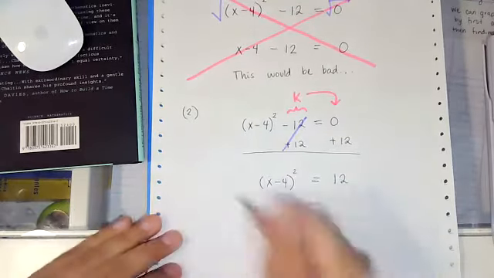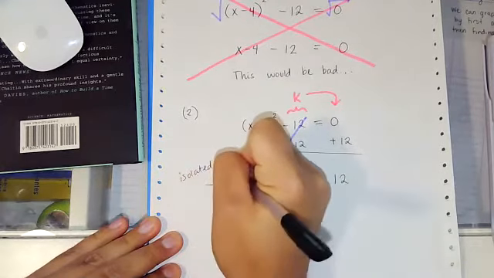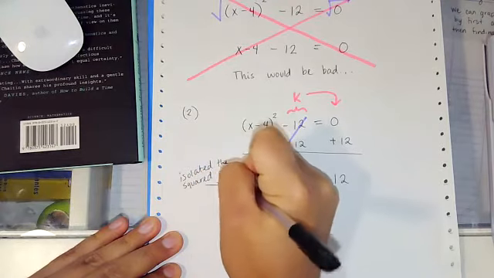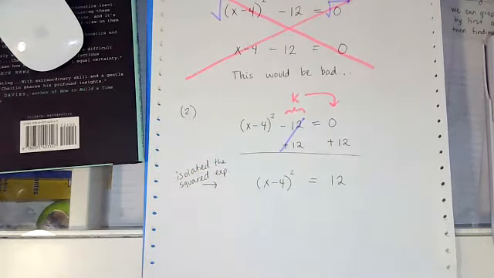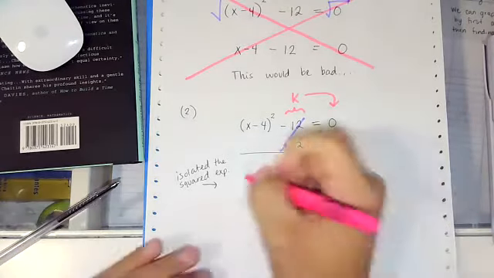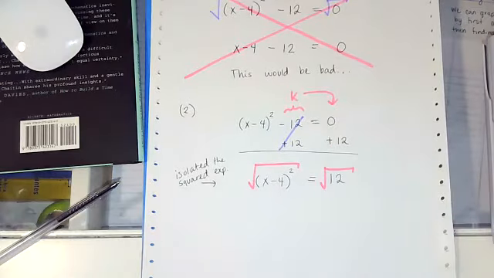Now, once you've isolated the squared expression, I'm just going to put exp for expression. Then we can go ahead and say, let's take the square root of both sides.